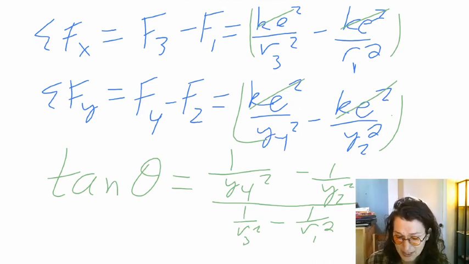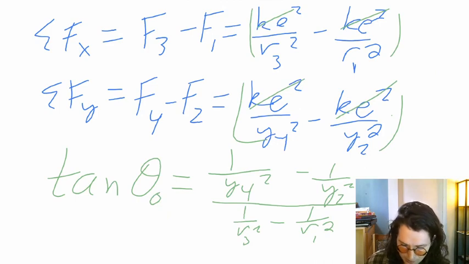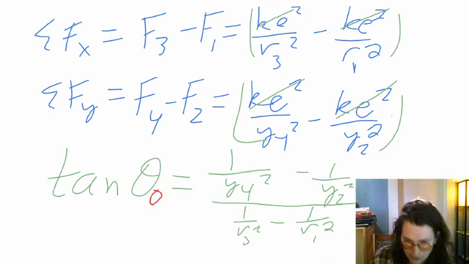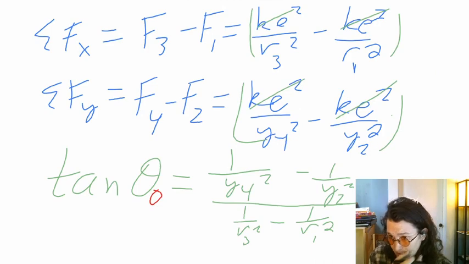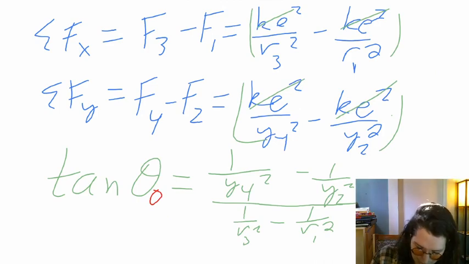If I want to find my initial theta, I would just need to plug in for R3 and R1 the initial locations of particle 3 and particle 1, which are given in the problem as x3 and x1. So for theta naught, I'd plug in R3 equals x3 and R1 equals x1.